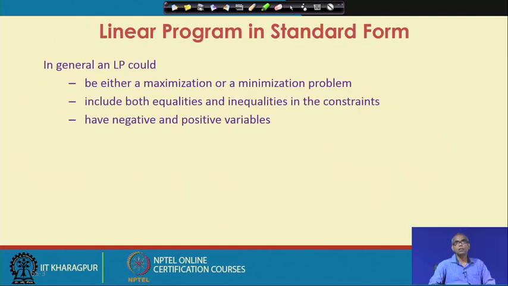In general, a linear programming problem may be either a maximization problem or a minimization problem. It may include both equalities and inequalities as constraints. It may have negative variables as well as positive variables.